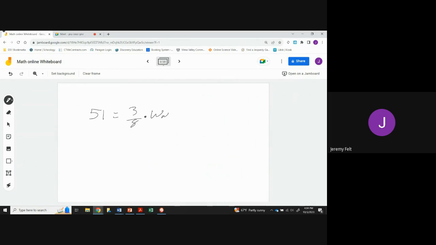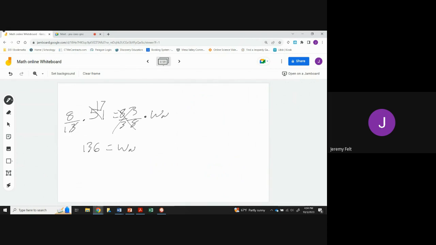So multiplication, that's what we could do. So then we divide by 3/8. Since we're dividing here, that's the same as multiplying by the reciprocal. We get 8 times 17, 136. So that is the number we're looking for.